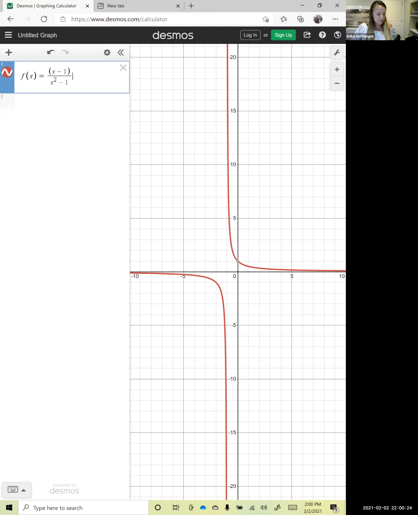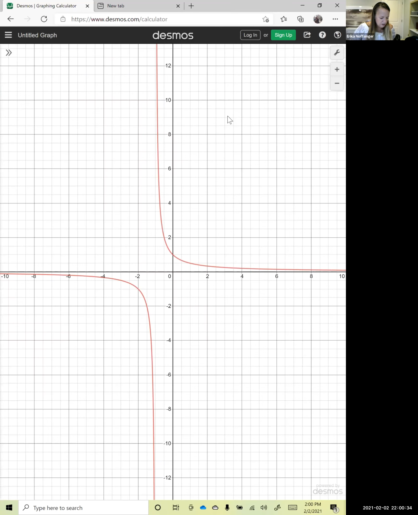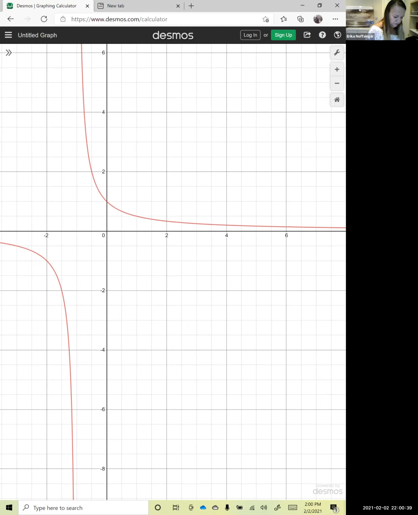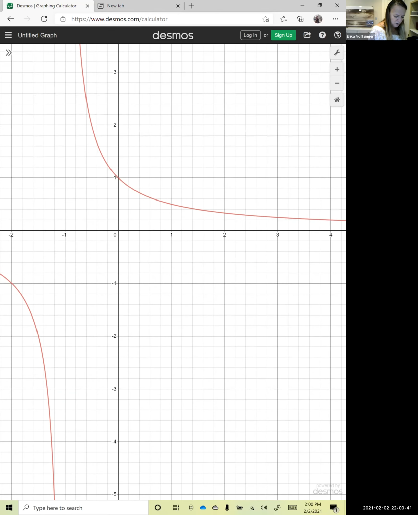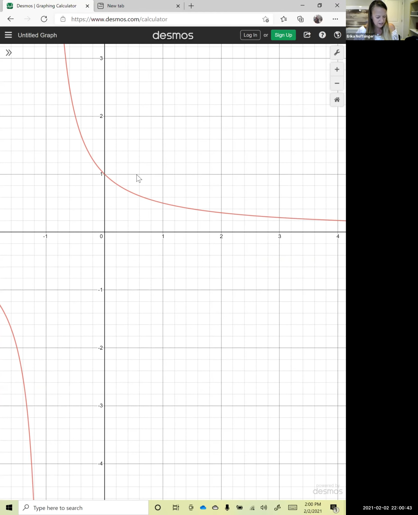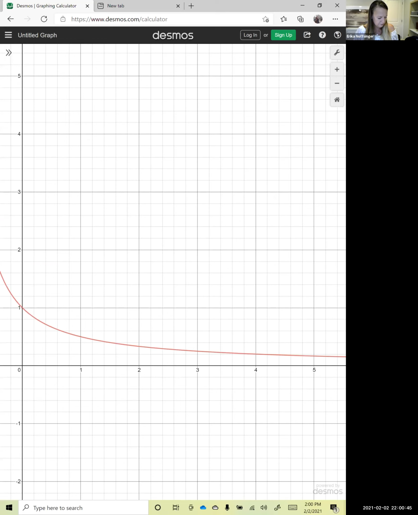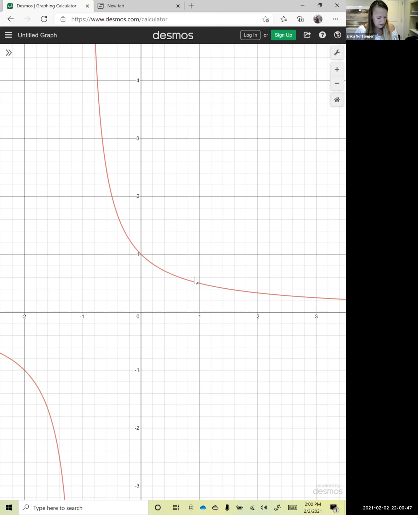Okay, so we just graphed this function on Desmos, and we were looking at the limit as x is approaching 1. And so if we look at this and we zoom in here, when x is approaching 1, notice our y value. If I come in on the right, I'm getting 0.521, I get 0.51.